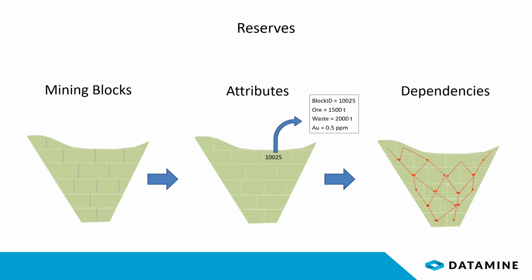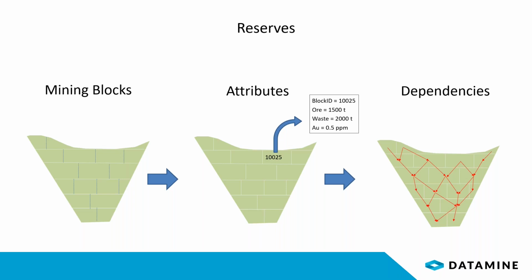Some examples of attributes are block ID, which works as a numeric name for the mining block, ore mass inside the mining block, the waste mass, the ore grade average, or basically any other information that you can possibly want to associate with a given mining block, with a given volume.